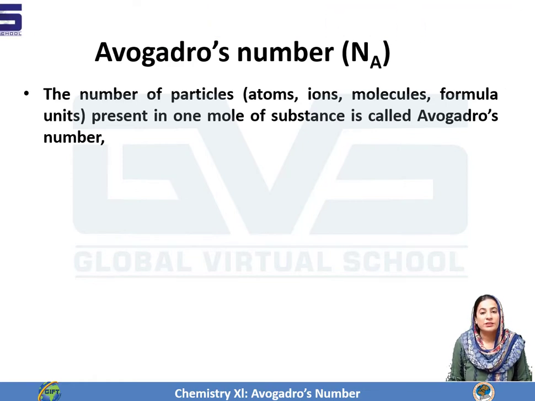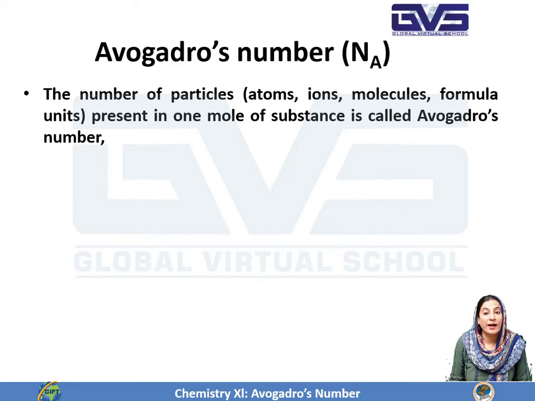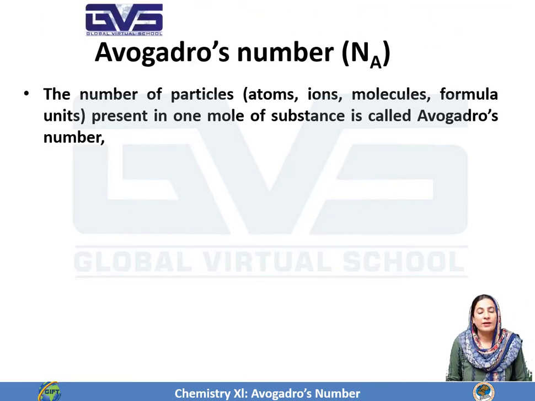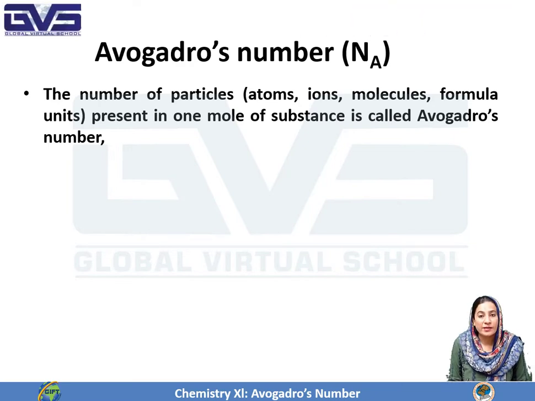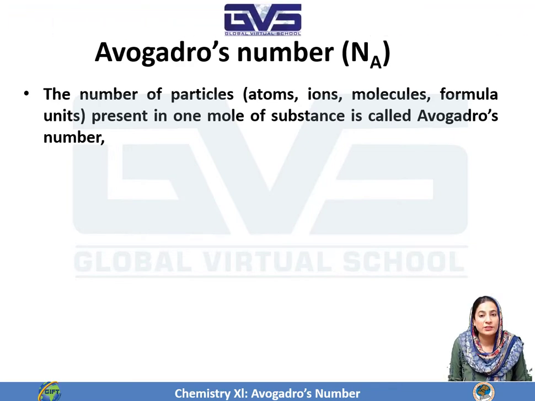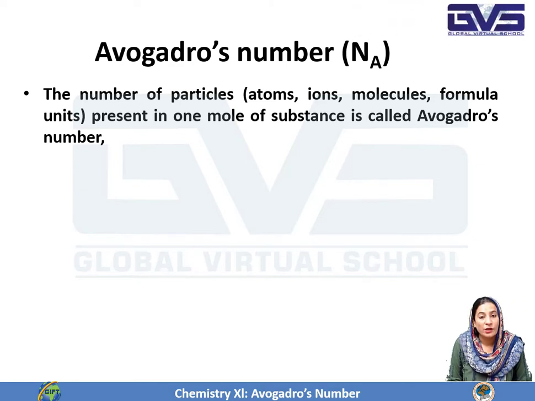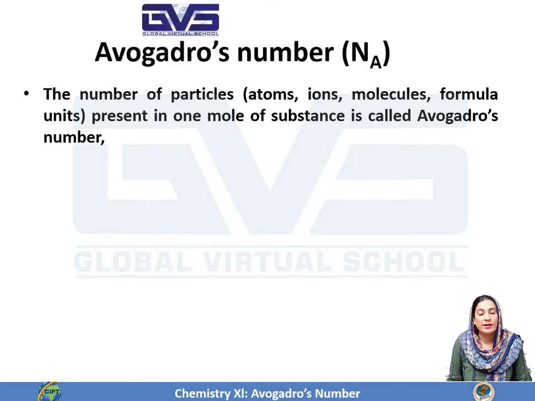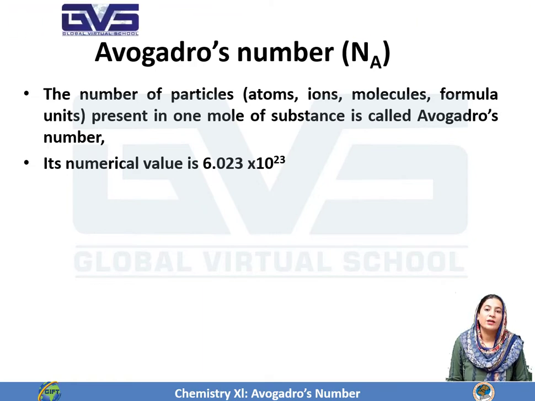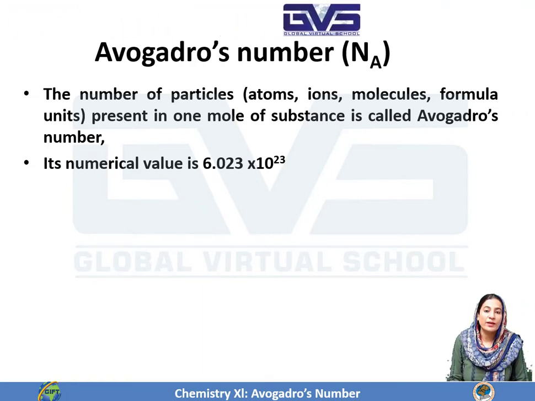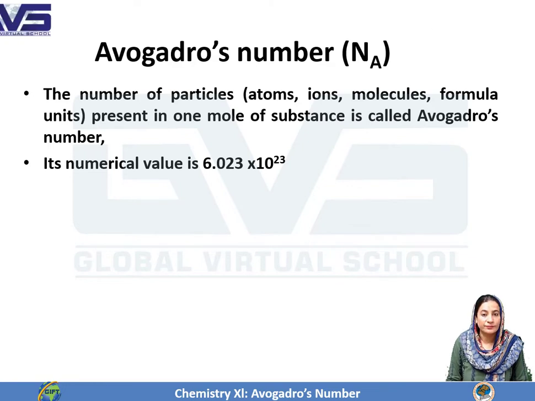All these species, atom or molecule or formula unit or ion, positive or negative, are called particles. The number of particles in 1 mole of a substance is called Avogadro's number. How many particles are in 1 mole? That is 6.023 × 10^23. This is the numerical value of Avogadro's number.